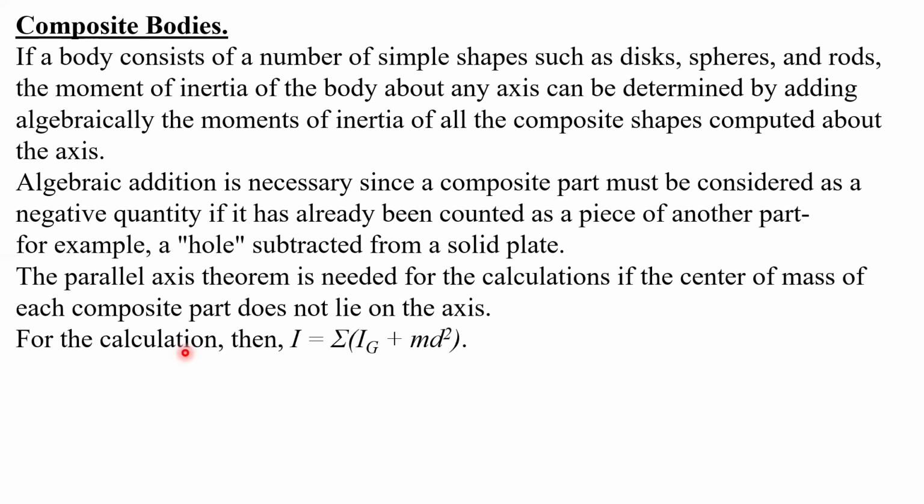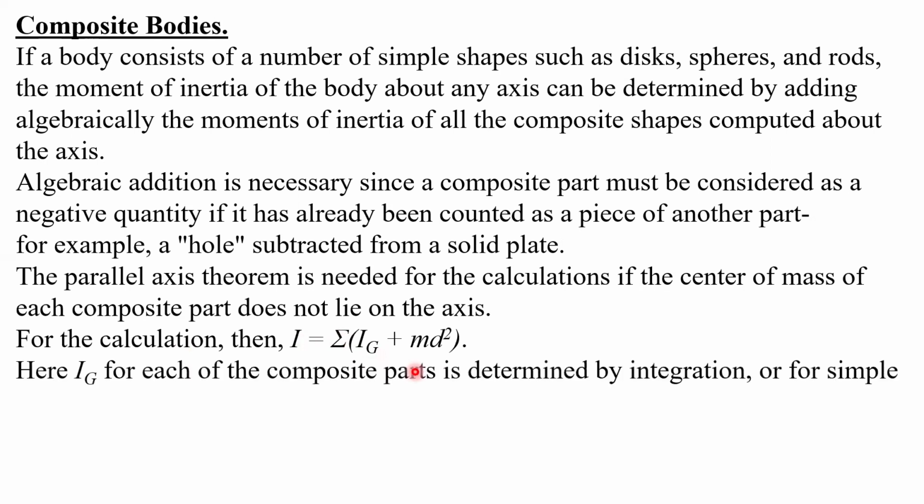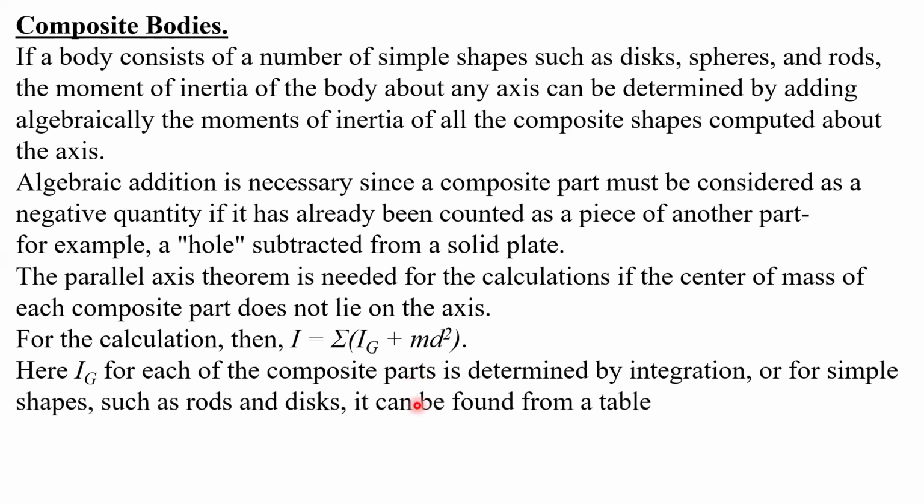For the calculation, then, I is equal to IG plus m d squared. Here, IG for each of the composite parts is determined by integration for simple shapes, such as rod and disc, and it can be found from a table.